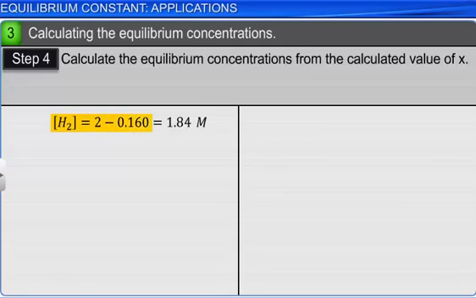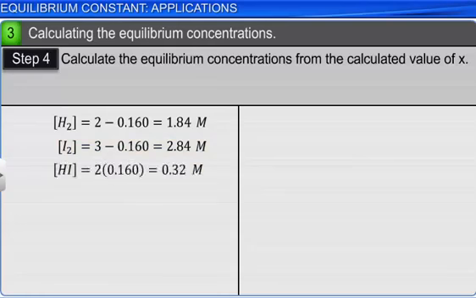In the case of iodine, the initial number of moles were 3, and hence, the equilibrium concentration would be 3 minus 0.160. This is equal to 2.84 moles per liter. And finally, the equilibrium concentration of hydrogen iodide will be equal to 2 multiplied by 0.160. This is equal to 0.32 moles per liter.